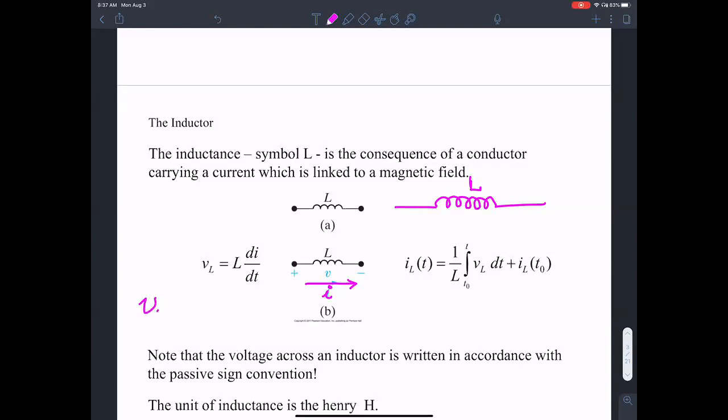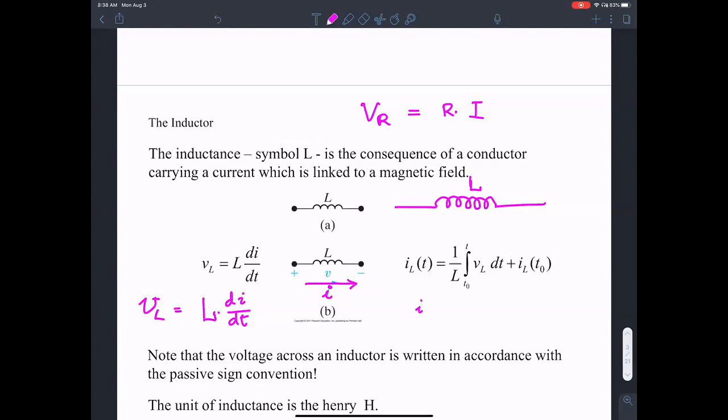The voltage across the inductance is proportional to the rate of change of current. Earlier, V of a resistance was proportional to the current, and R is the constant of proportionality. Here, the voltage across an inductance is not proportional to I, but to di/dt, and L is simply the constant of proportionality, the inductance of the inductor.